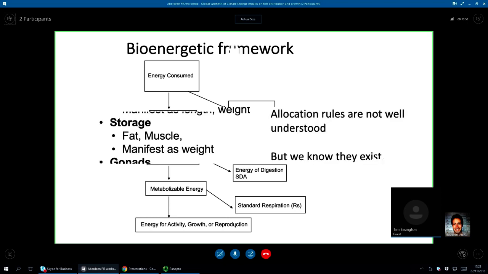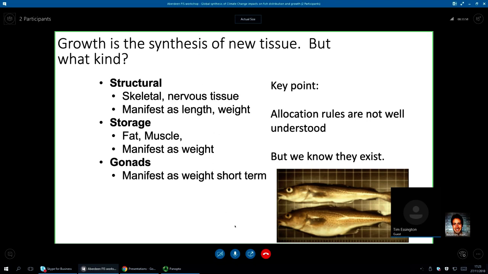Even the growth decisions have other allocation issues associated with them, because even if it decides to allocate to tissues and not to activity, there are lots of different tissues it could build. The three main ones we often think about are structural, storage, and gonadal tissue. Gonadal tissue is basically energy allocation into reproduction.